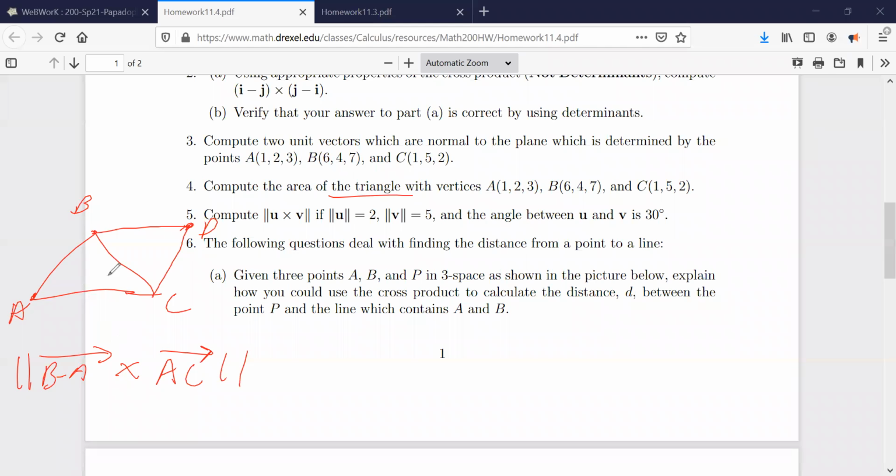So if you want the area of the triangle instead, which is just half the size of that parallelogram, we divide by 2. Cool.